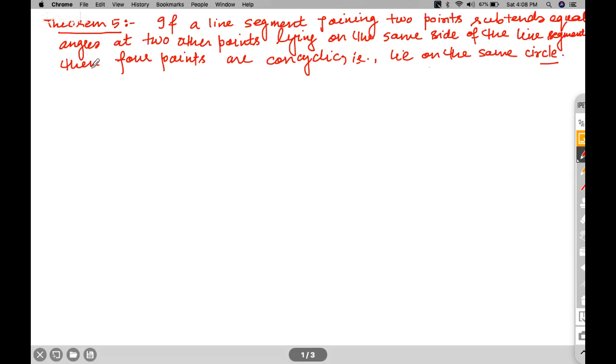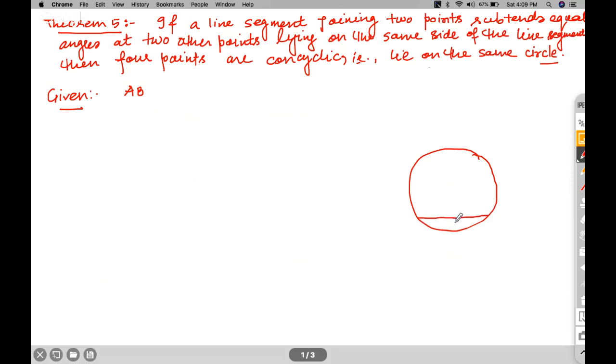So what do I mean? What I mean by this statement is, given to me is AB is a line segment. Let me draw first and then I will explain.